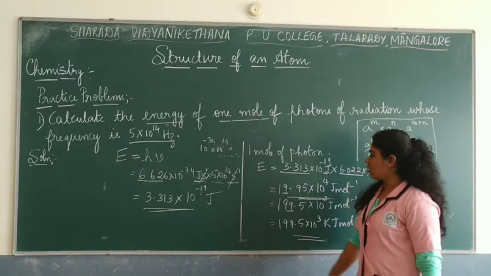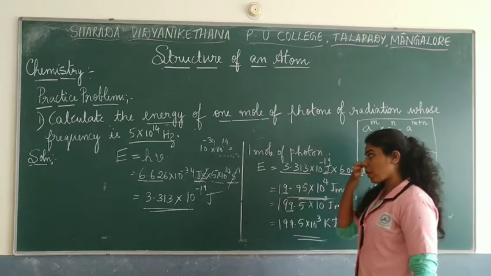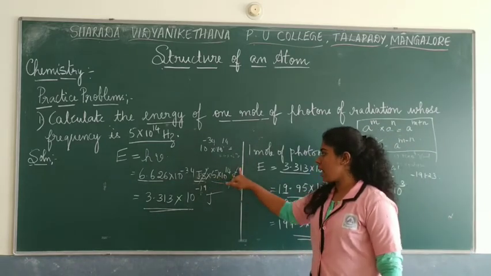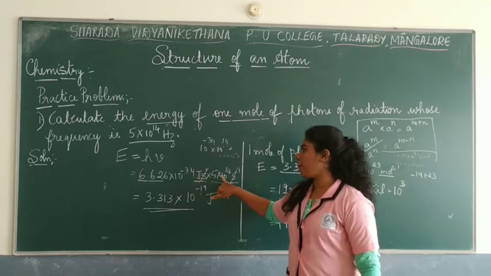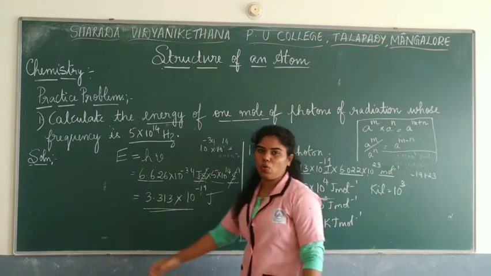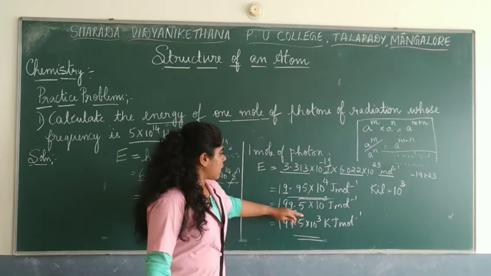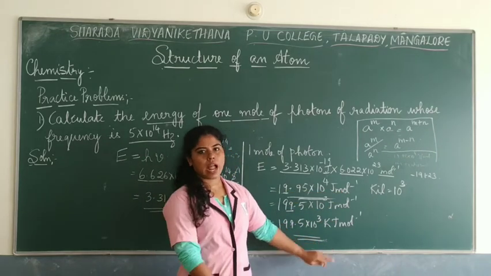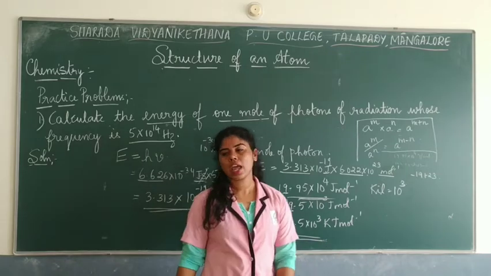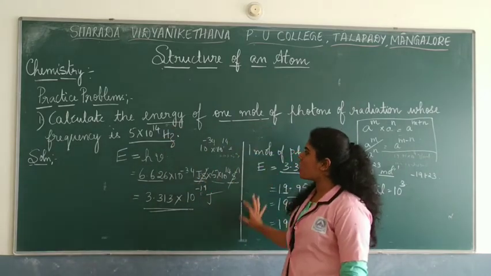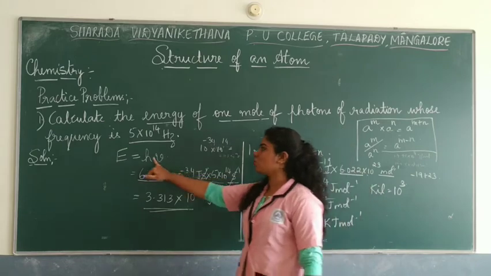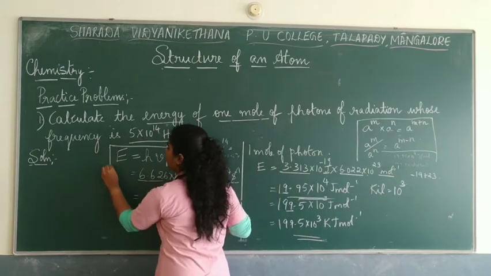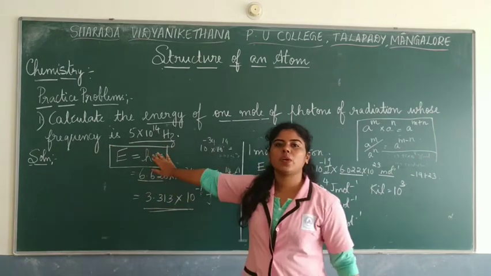Okay. So this is how you solve this. Here second and second inverse directly cancel, and the powers pass as per the formula. The answer you can stop either like this or you can simplify still more and keep it as kilojoules. So this is how you calculate the energy of a photon. You should know the expression E is equal to h nu, and the frequency is being given.